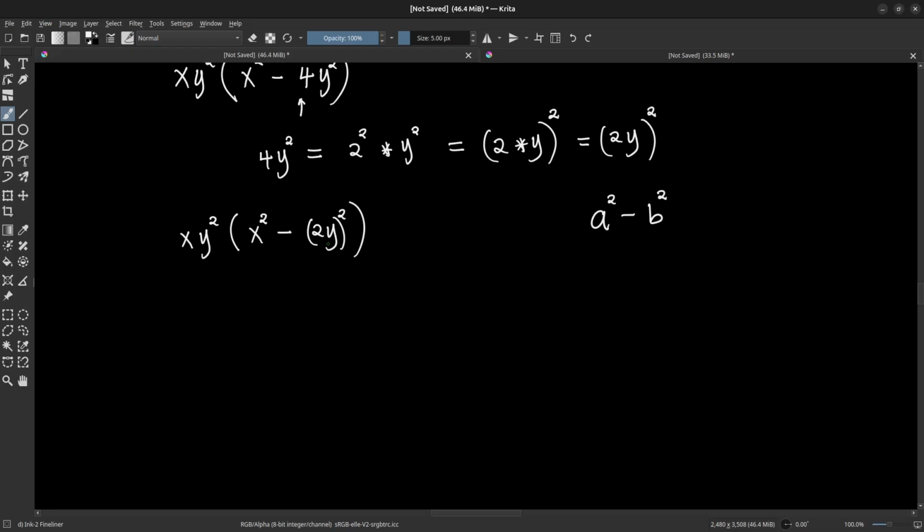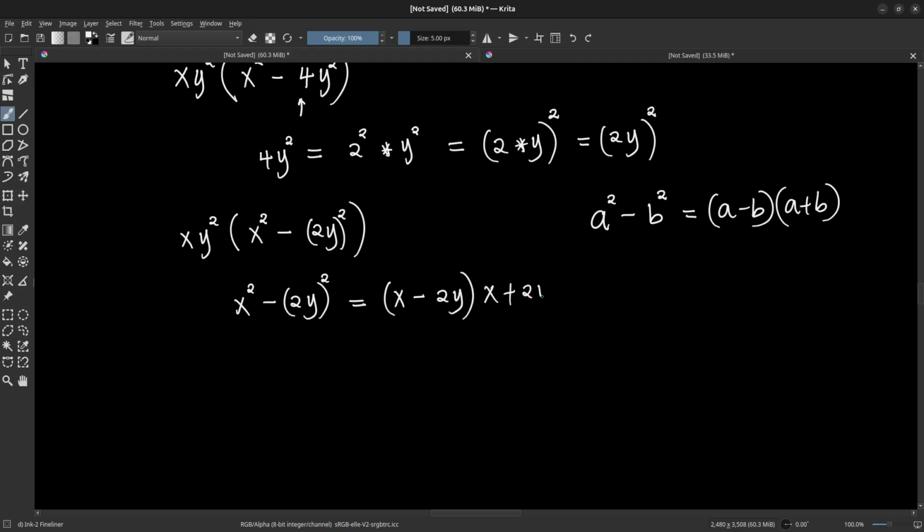In our case, the b is 2y. And anytime I give you a squared minus b squared, this is the same as a minus b times a plus b. This is the difference of two squares. So in our case, x squared minus 2y squared is the same as x minus 2y times x plus 2y.